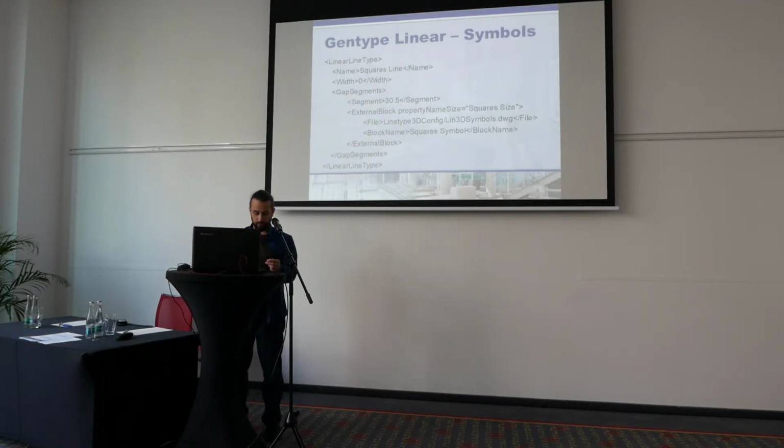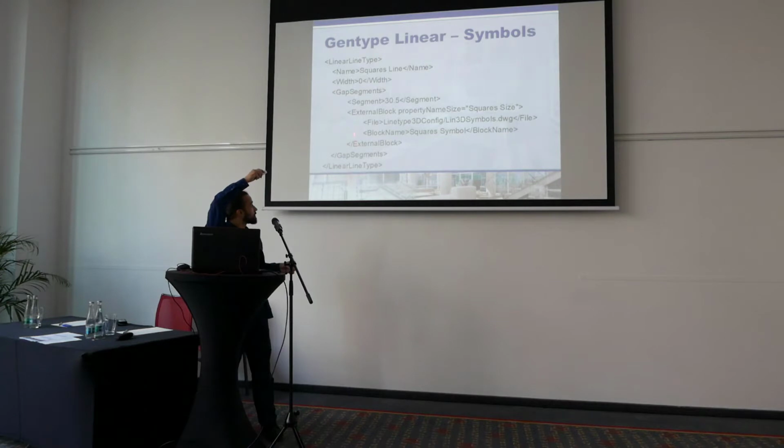Thirdly, using the familiar expression, we can define symbols instead of linear segments and arcs. There we have an external block, same as in fences where we described posts, same as in Jentype symbol.